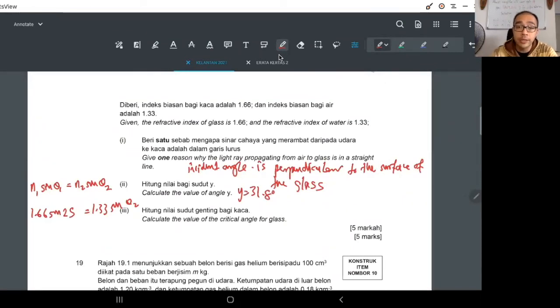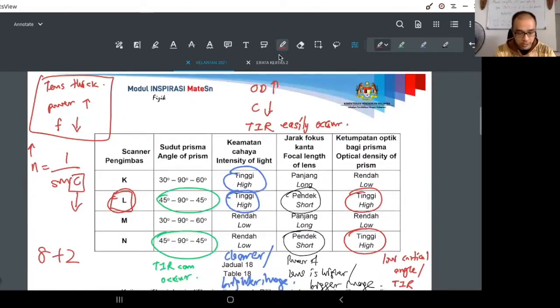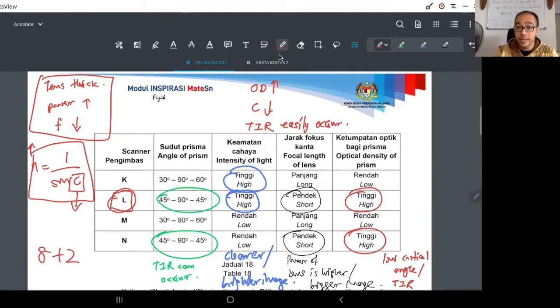Then number 3, calculate the value of the critical angle for the glass. So we go back to the formula that I said just now, N equals to 1 over sine C, where C is the critical angle.